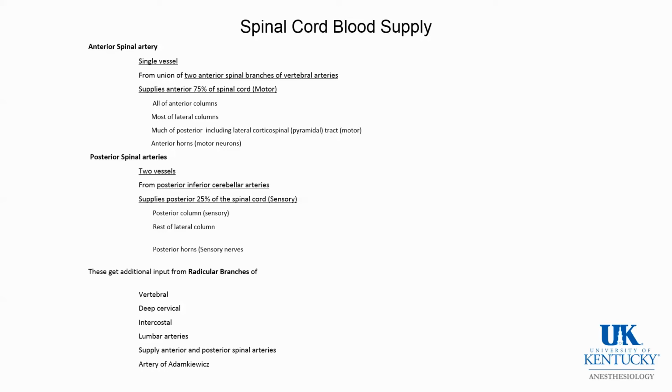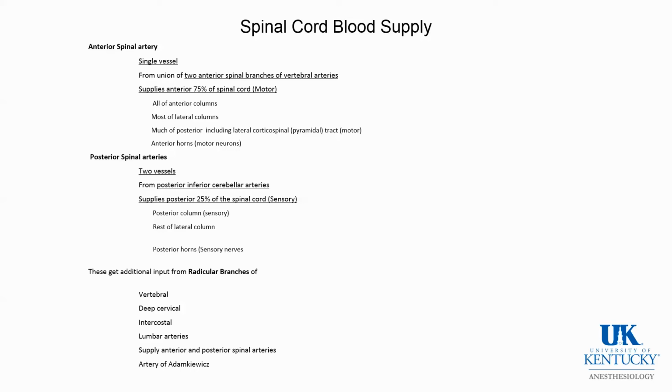The blood supply of the spinal cord is obviously critical and is summarized on this slide. There is the anterior spinal artery, which is a single vessel and supplies most of the spinal cord, and the posterior spinal arteries, of which there are two, which supply only about a quarter of the spinal cord.